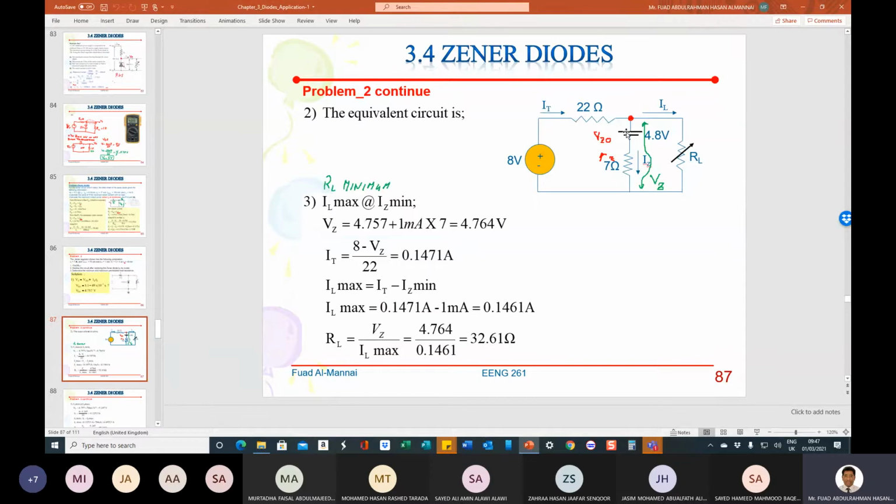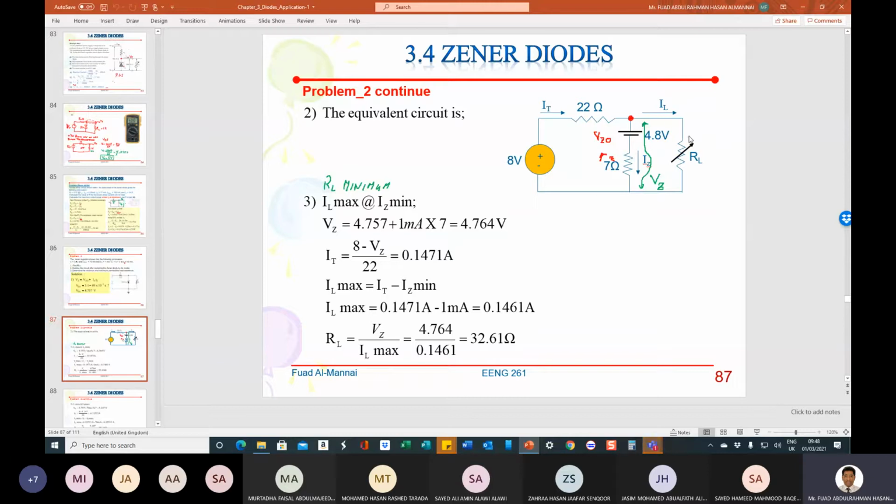This is VZO, and here is RZ. Remember, RZ is equal to 7 ohms, and VZO is equal to 4.757. I made it 4.8 because I didn't have space to write the whole thing.